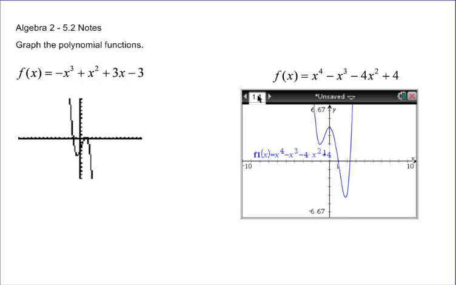So in even degrees, if you've got an even degree polynomial, then you're going to have a graph that'll either be up on the edges like this, with who knows what's going on in the middle.